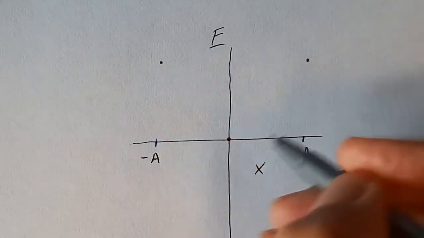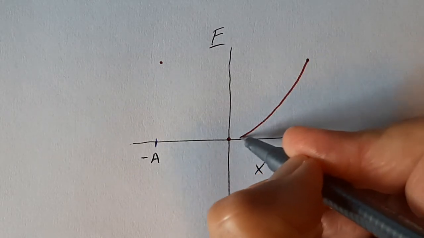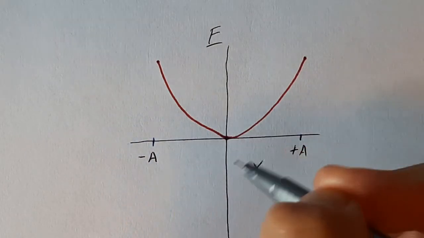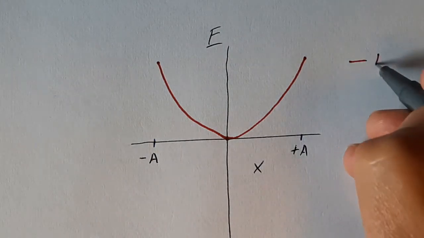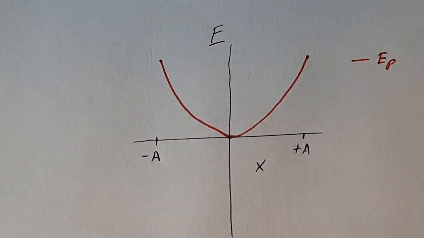So this is the potential energy graph. Doesn't matter whether we're dealing with a pendulum or a mass on a spring, a ball rolling on a track, anything that's a simple harmonic oscillator, then that is the amount of potential energy. And it is a parabola. It's varying as x squared.